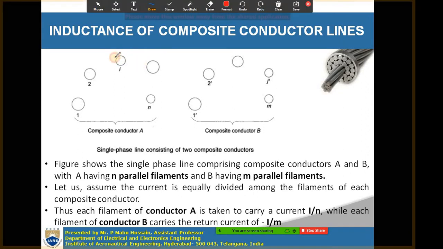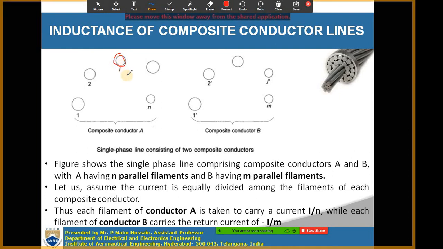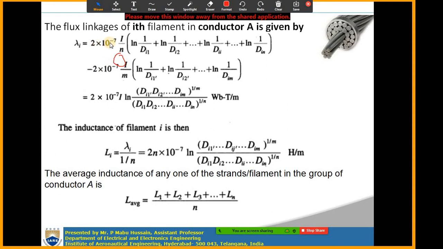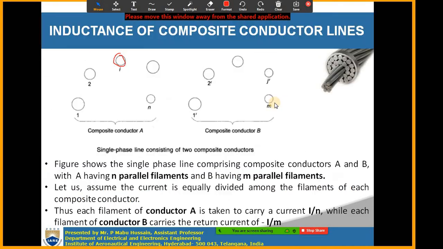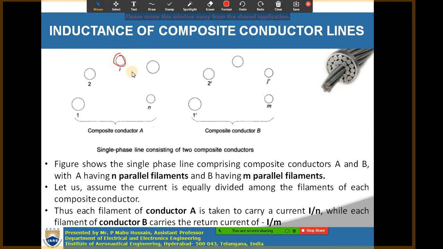So for this conductor, what are the flux linkages? This expression will be 2 into 10 power minus 7, and the current, what is the current flowing through the ith conductor, right? As there are n number of strands here, the current flowing through the ith strand or ith filament will be capital I by n.